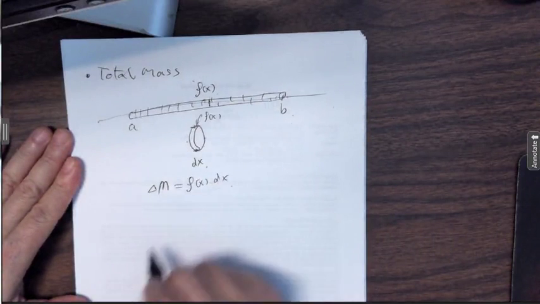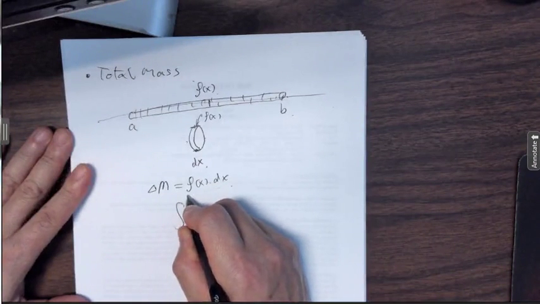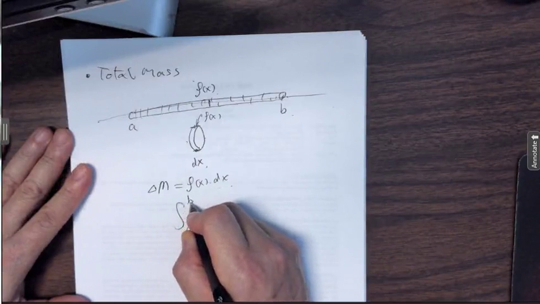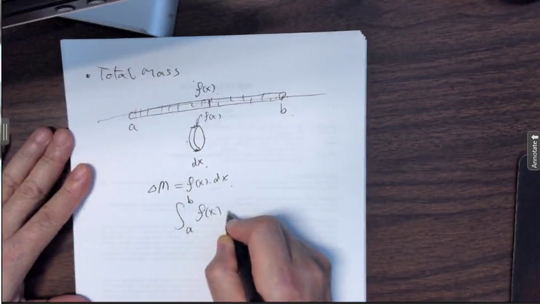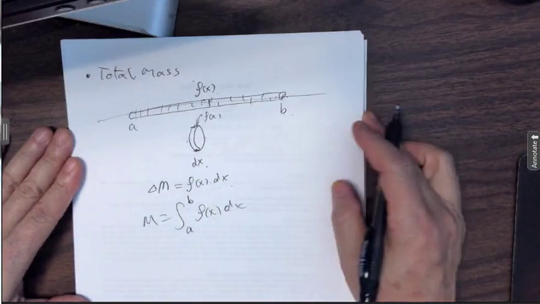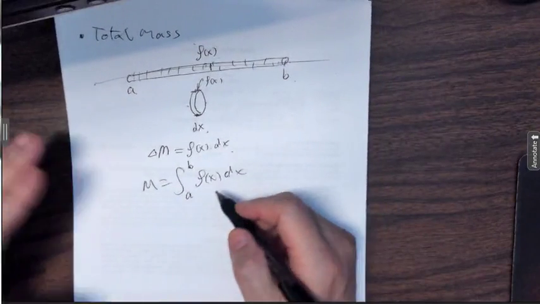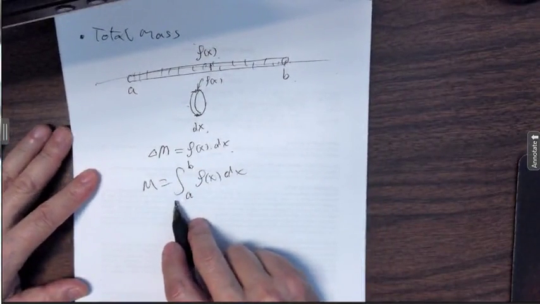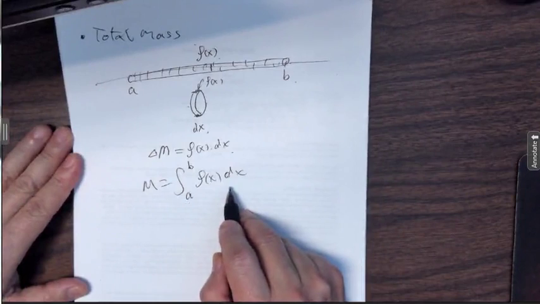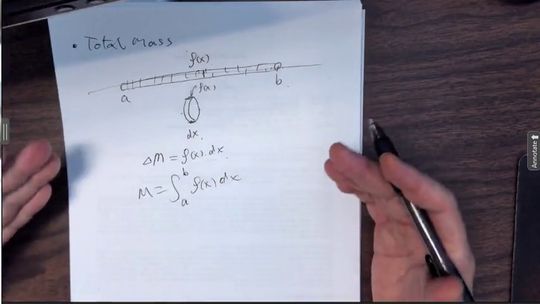The total mass would be the sum of all those pieces, the integral from a to b of rho x dx. So you can see we end up again with a definite integral. The idea involved is the same.